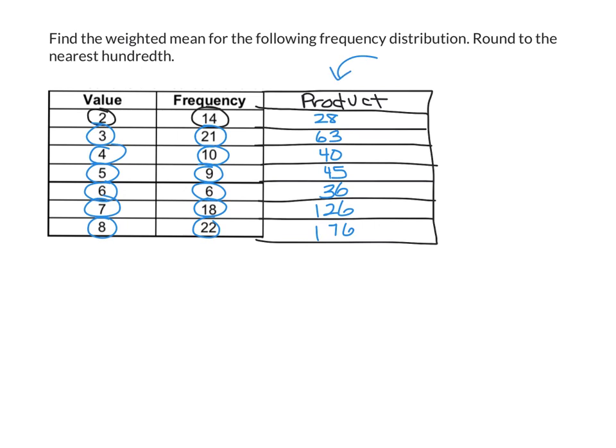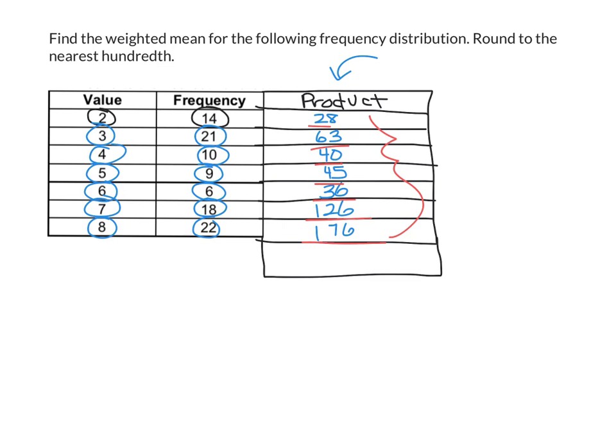My next step is to add all the numbers in the product column together to get the sum of products. So you'll add 28 plus 63 plus 40 plus 45 plus 36 plus 126 plus 176.